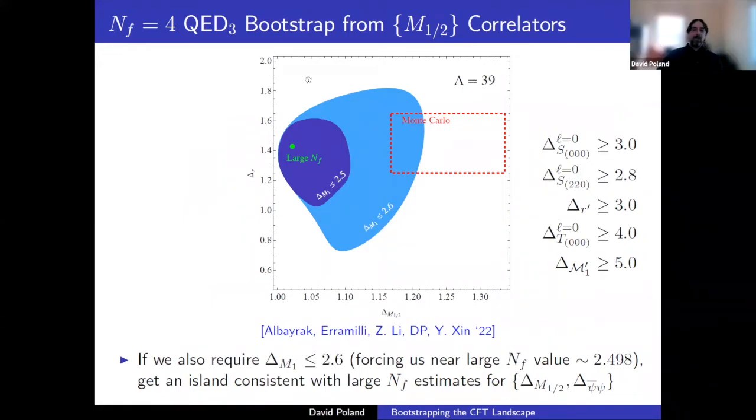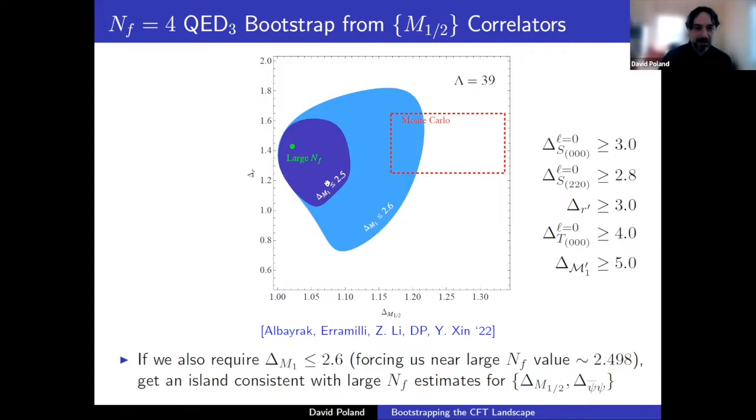Then if you do that, you get some closed allowed region in the delta M1/2, delta R plane, where R is the fermion bilinear psi bar psi, the adjoint fermion bilinear. And so you get an interesting island in that plane, assuming M1 lives in the tip of this region.